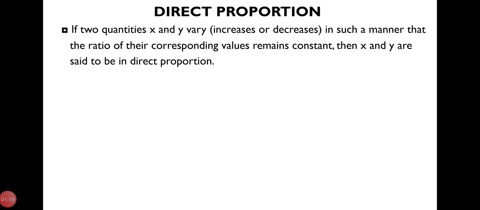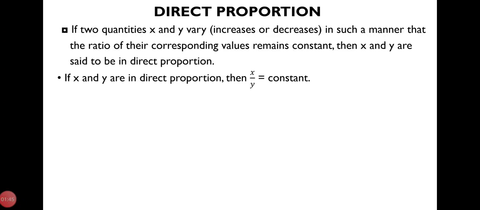If x is decreasing, then y will also decrease, in such a manner that the ratio of their corresponding values, x1 y1, x2 y2, x3 y3, and so on, remains constant. Then these two quantities, x and y, are said to be in direct proportion.